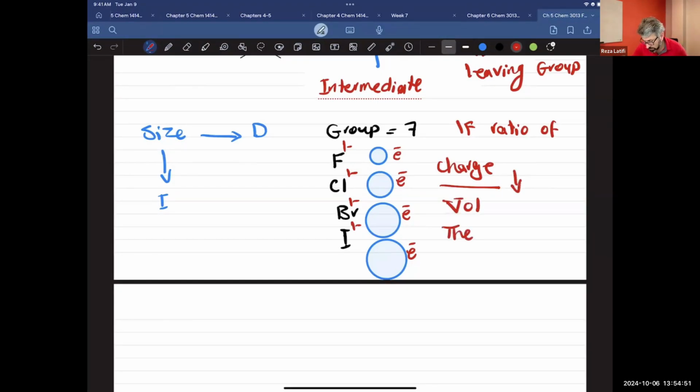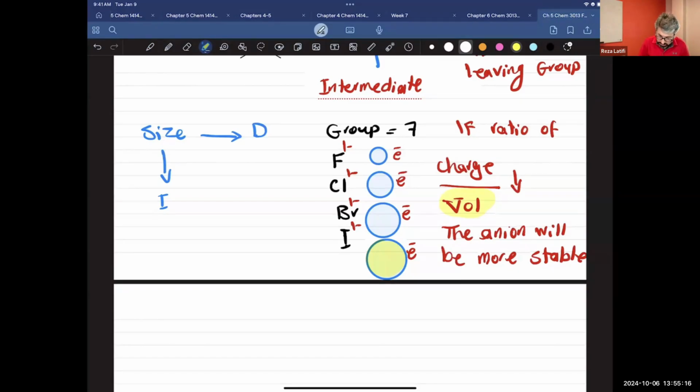The anion will be more stable. Remember, the only thing changing here is the volume or size of the particle. The volume is getting bigger and bigger. So between all of these, which one is going to be the best leaving group? I'm going to say iodine.